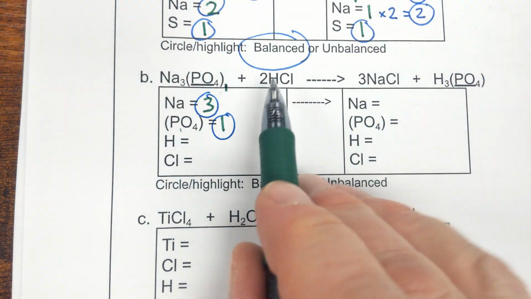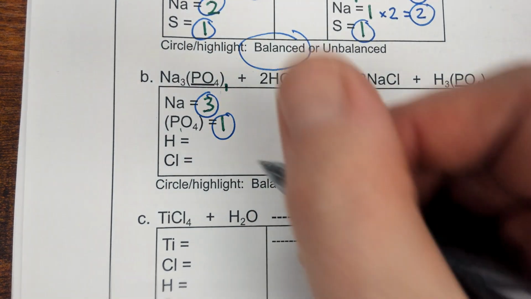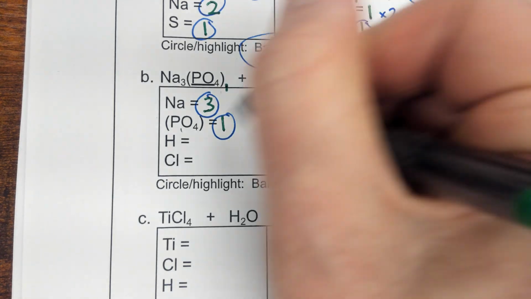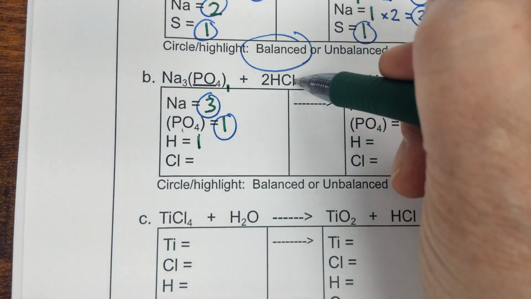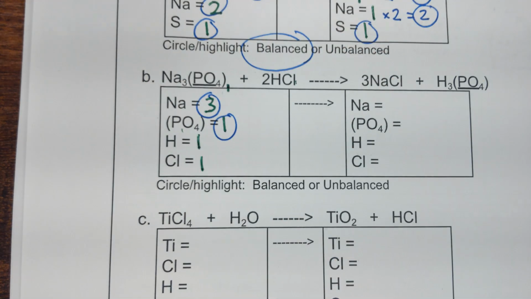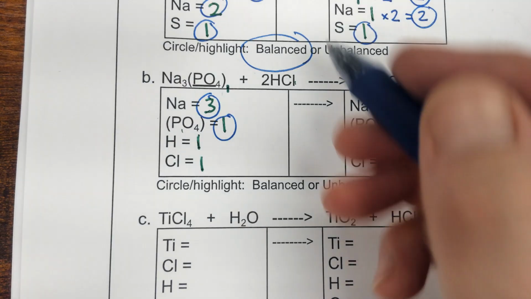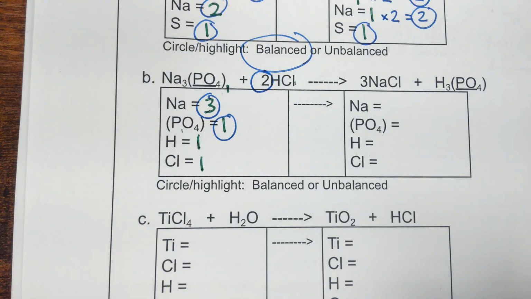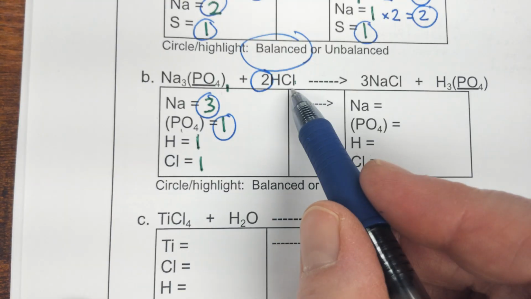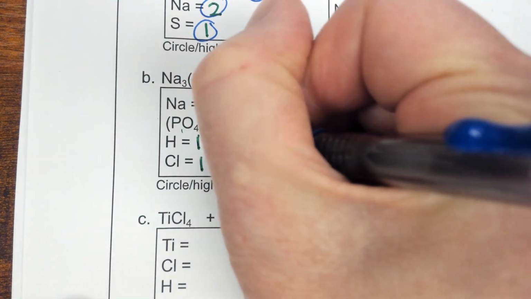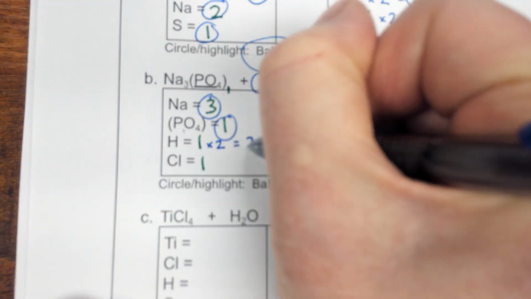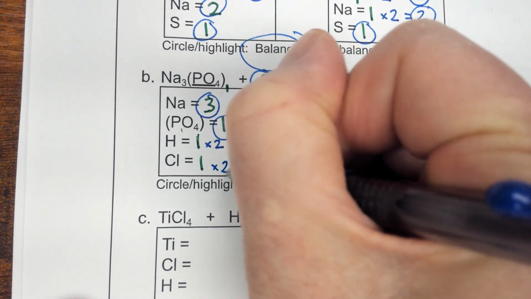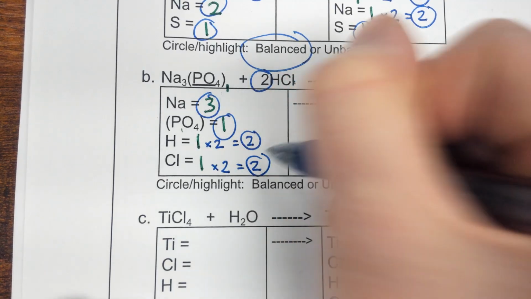Then I look at the HCl. H is equal to 1 because there's no subscript. Cl is equal to 1 because there's no subscript. I have a coefficient of 2 in front of that formula, which is going to multiply everything in the formula. So that's going to be times 2 is equal to 2, and times 2 is equal to 2.